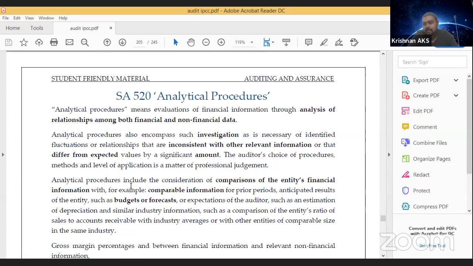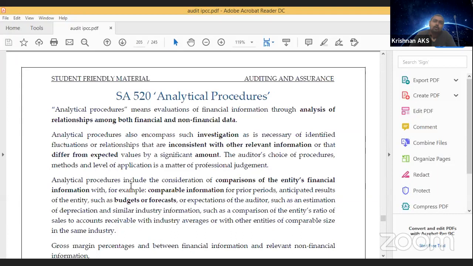So today's last standard is analytical procedures. What are analytical procedures? Analytical procedures means comparing the non-financial data with the financial data. For example, sir, why is the production so less this time? The turnover is less, or sales is less, or production is less.